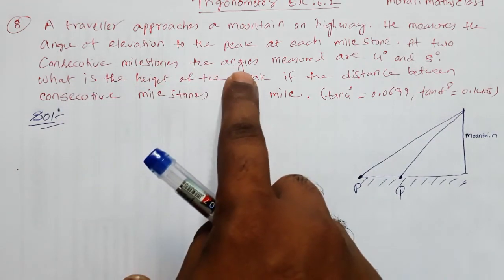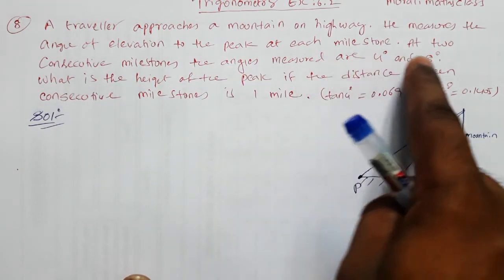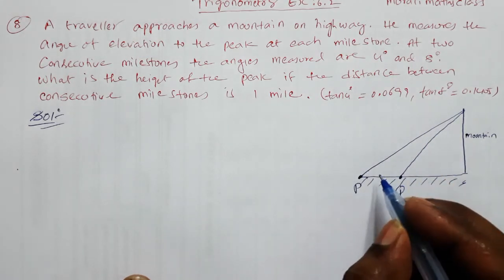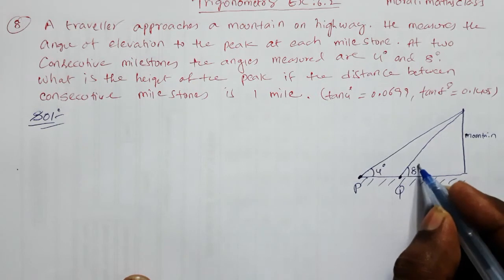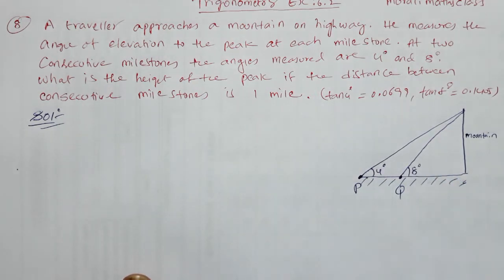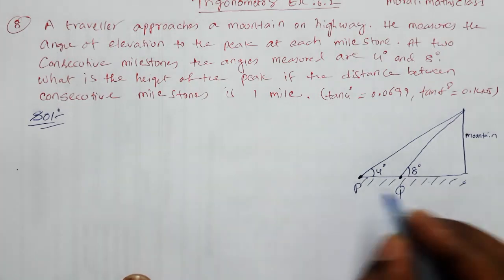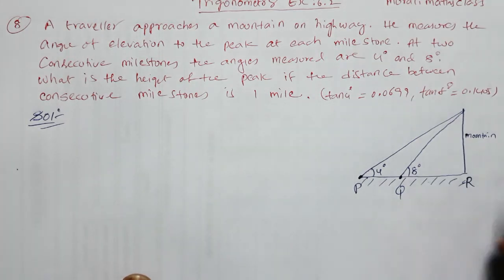The angles measured are 4 degrees and 8 degrees. That's it, there is a diagram given here. Mark the points P, Q, R, S.